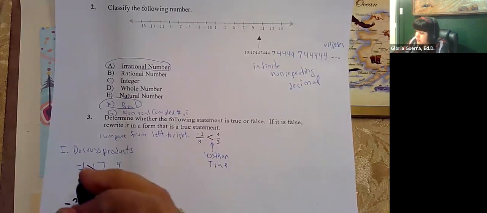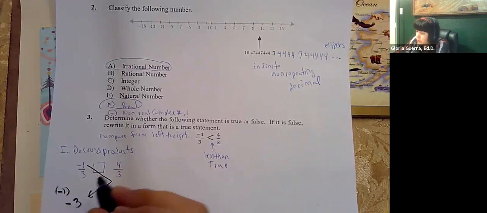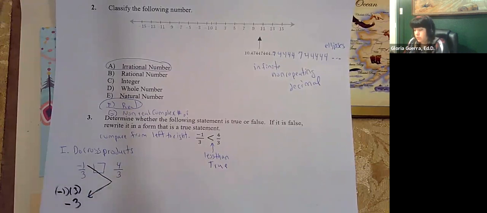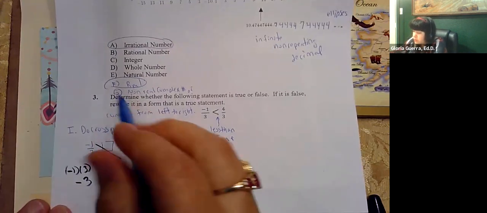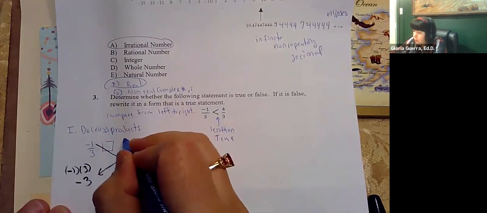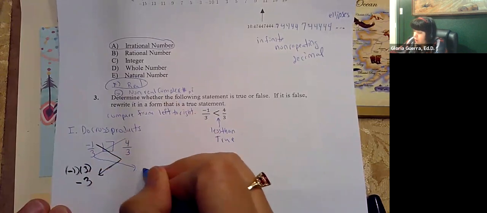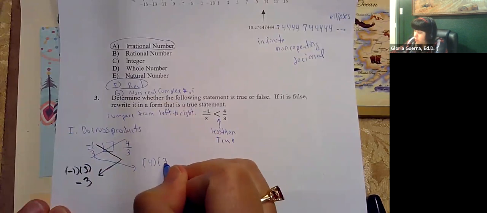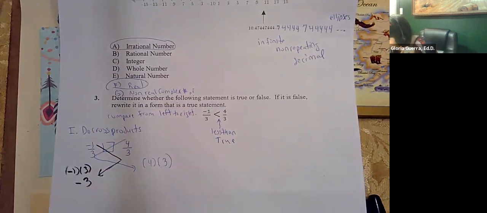Okay, and that means that -1 times 3 is -3. Okay, and then when you do the other cross product, 4 times 3 is 12.